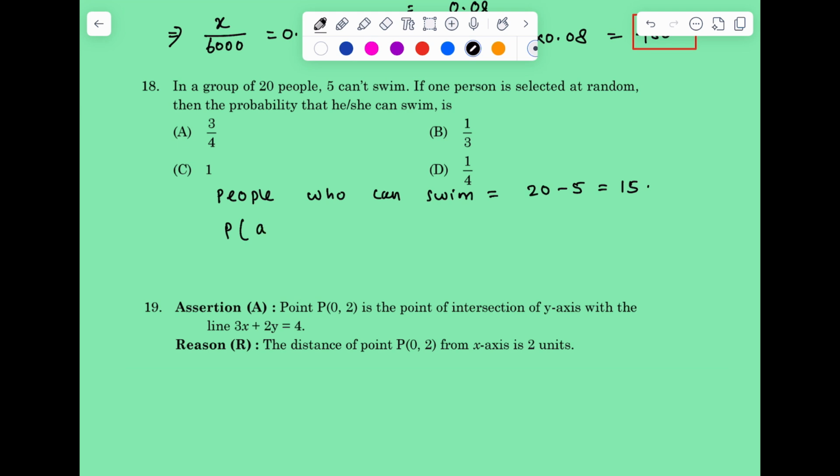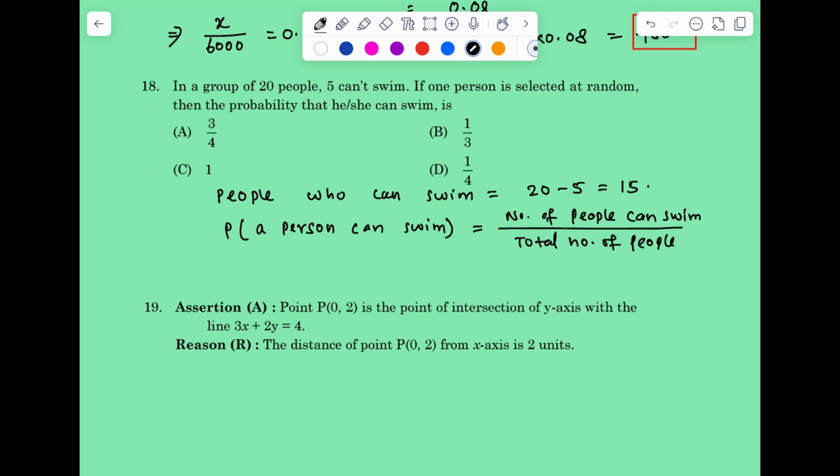So the probability that a person can swim will be equal to the number of people who can swim divided by the total number of people, that is 15 divided by 20.